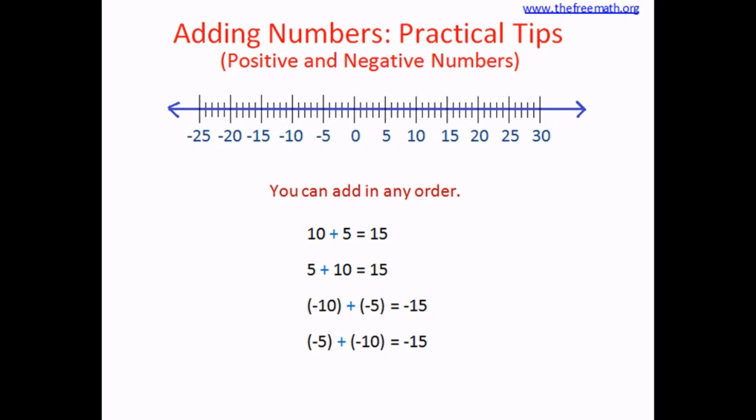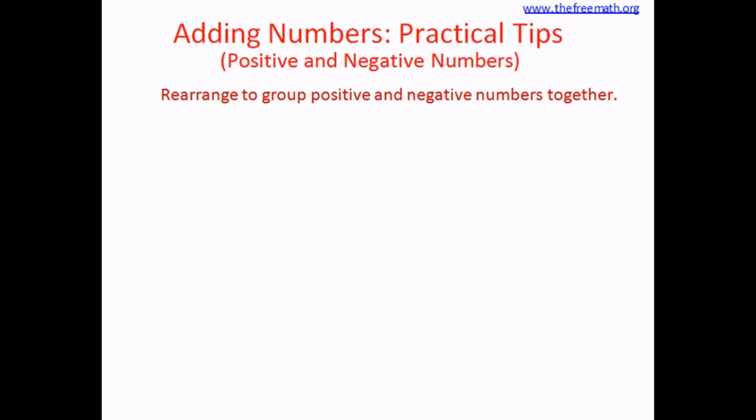What happens when there are a lot of numbers to add? In that case, you can rearrange the numbers to group all the positive numbers and all the negative numbers together. Let's take an example and check this out. -10 plus +7 plus +15 plus -2.